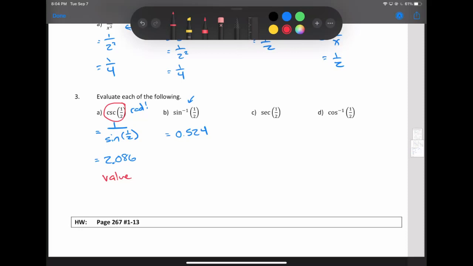So just as an example, if you're kind of confused what I mean, if I just took, for instance, sine of 30 degrees equals 1/2, the 1/2 is a value. It's not an angle. The 30 is an angle. So over here with cosecant 1/2, my answer is 2.086, but it's a value. Sine inverse of 1/2 is actually an angle.